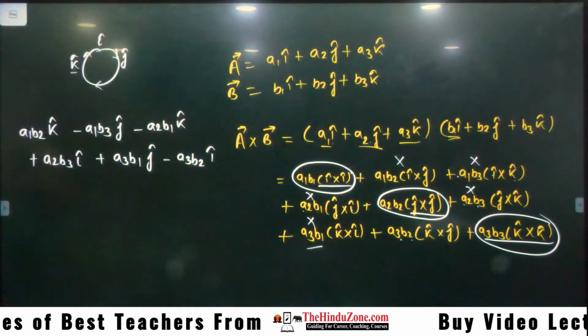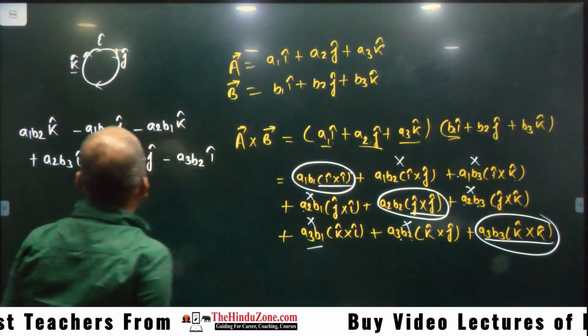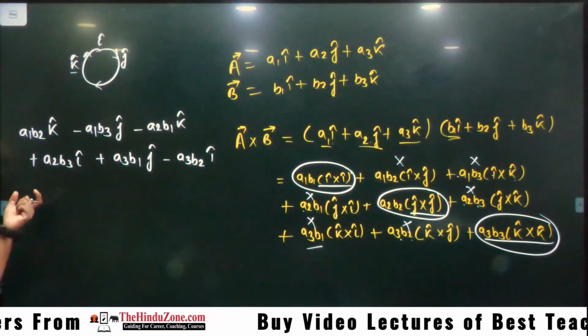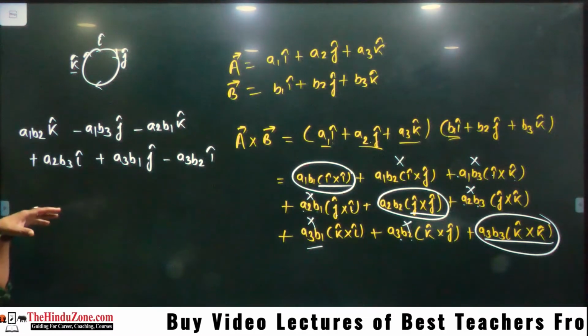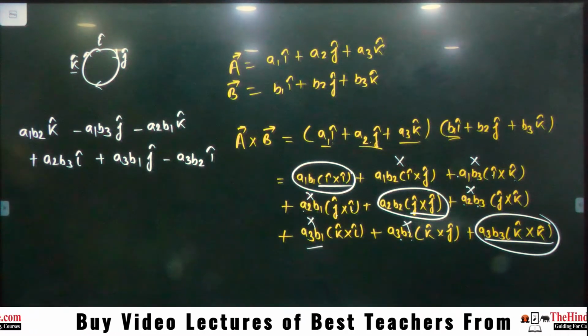Yes or no? Now what are we going to do? Please group them together. That means bring I cap vectors together, J cap together and K cap together.